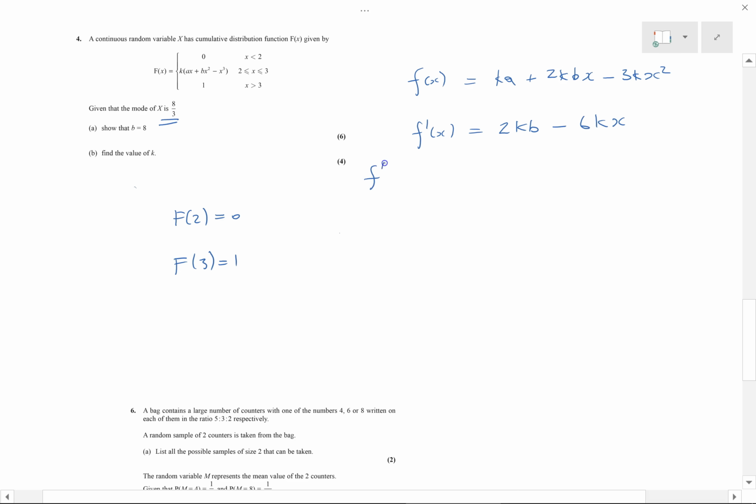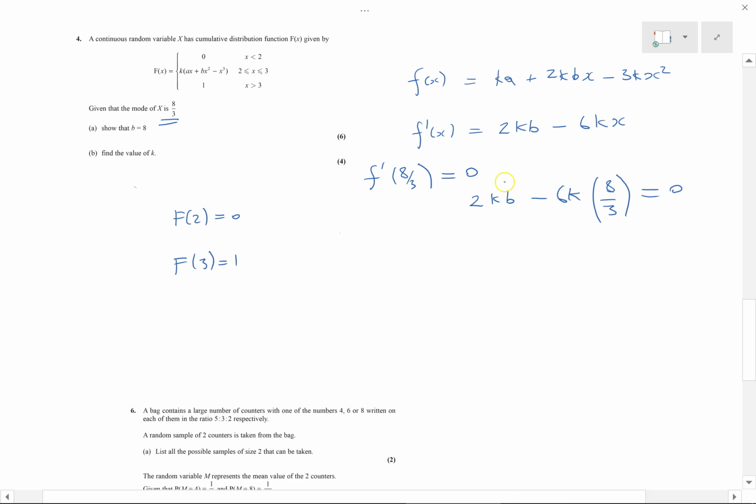So we know that f stroke 8 over 3 is equal to 0. So we can say that 2kb minus 6k times 8 over 3 equals 0.